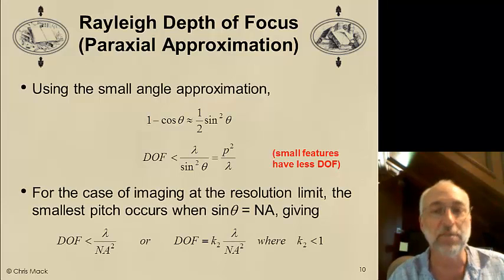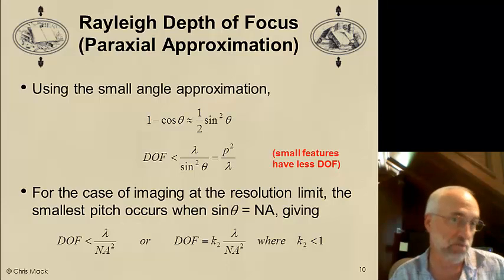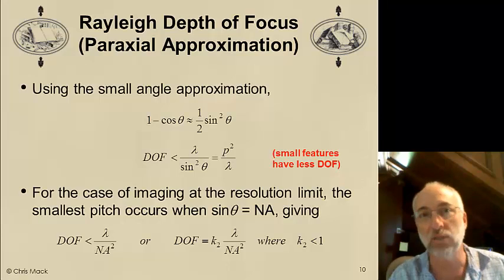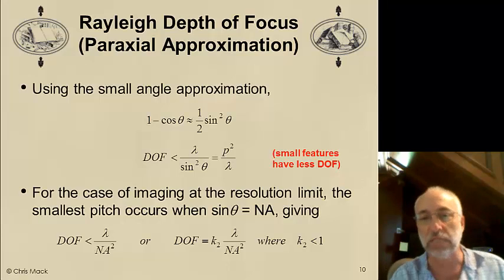For the case of imaging at the resolution limit, which is, of course, something we try to do a lot, we push that diffracted order right to the very edge of the lens, and sine of theta is going to be equal to the numerical aperture.